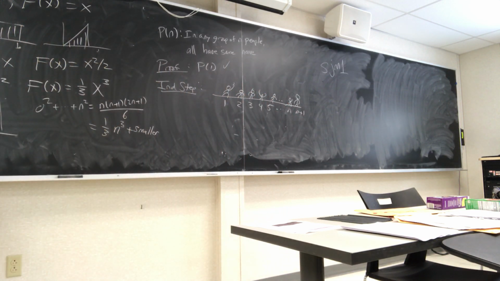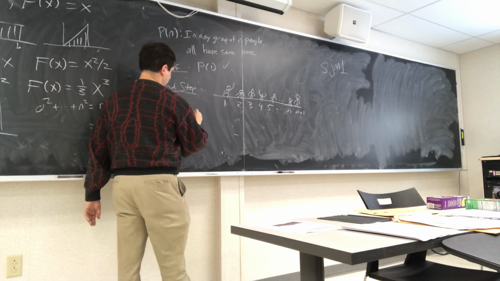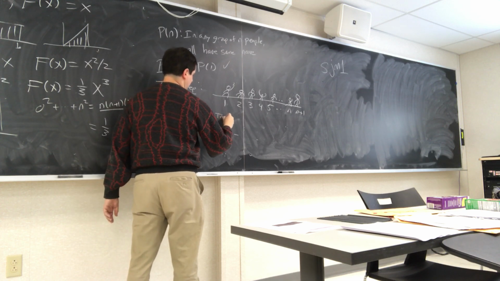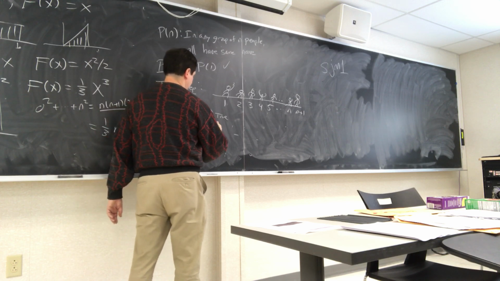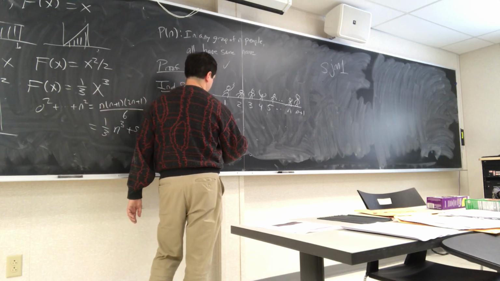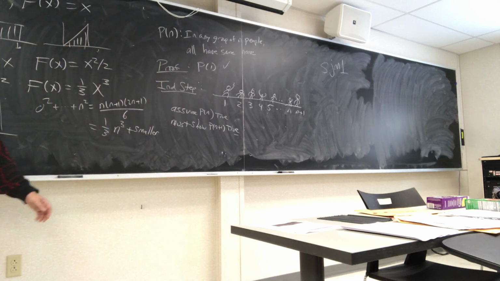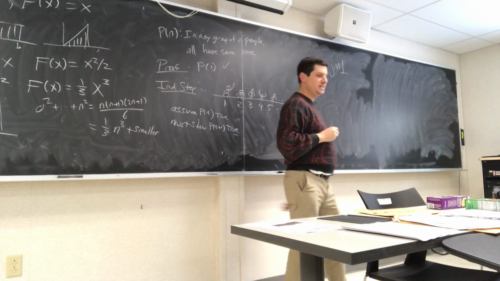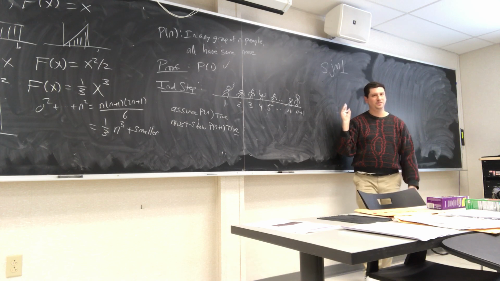Now, we get to assume Pn is true. We must show Pn plus 1 is true. So in any group of n people, by assumption, they all must have the same name. Can somebody give me a group of n people from these n plus 1 people?